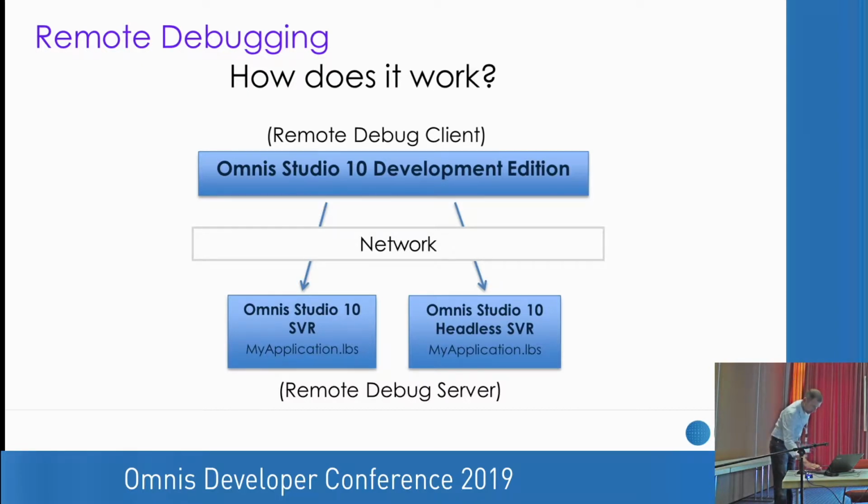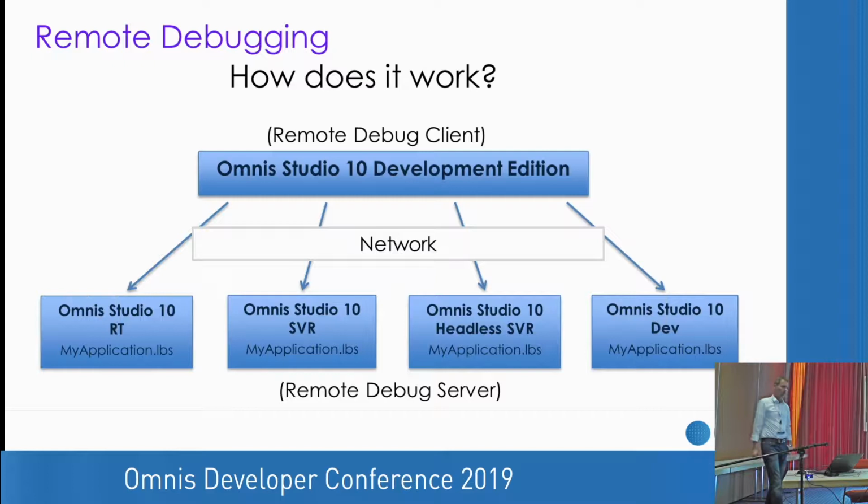You can also debug your runtime, your fat client applications if you want to, and you could also debug the Omnis Studio 10 development environment itself. And of course the application is running inside of these installations. We call a connection between Remote Debug Client and Remote Debug Server a Remote Debug Session.